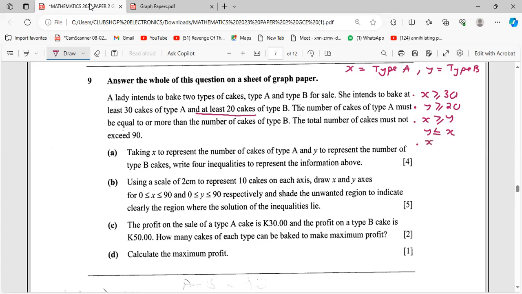When we add them, X plus Y must be less than or equal to 90. And these are the inequalities.